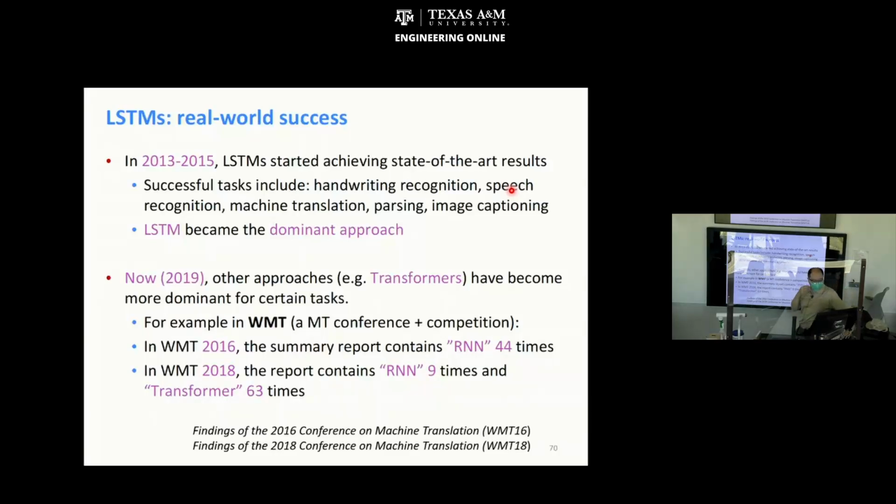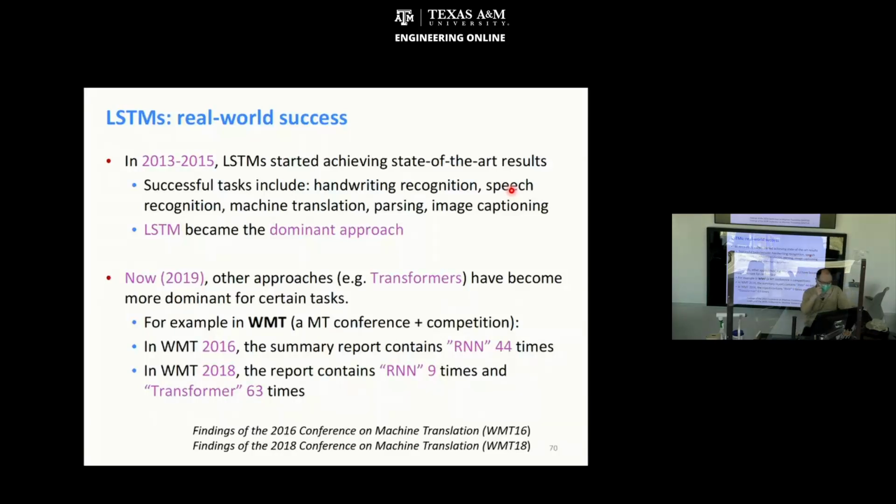But since 2019 in the natural language processing field, and I'm not completely thorough here, since last year even in the computer vision field, transformers have become more dominant for certain tasks. Not all the time, but for certain tasks.